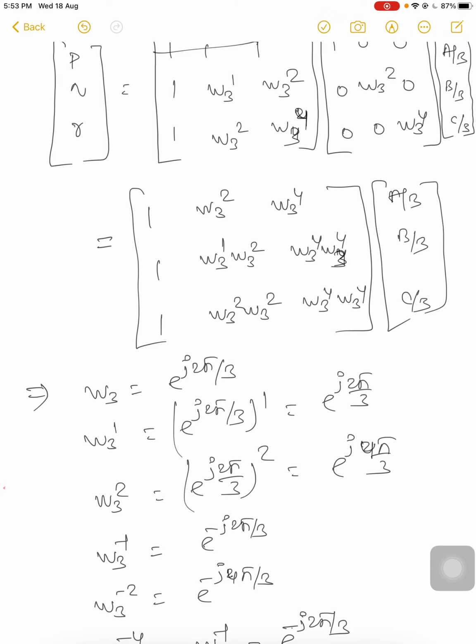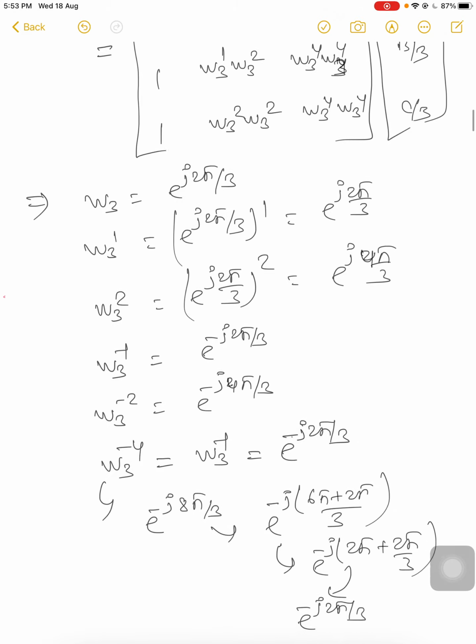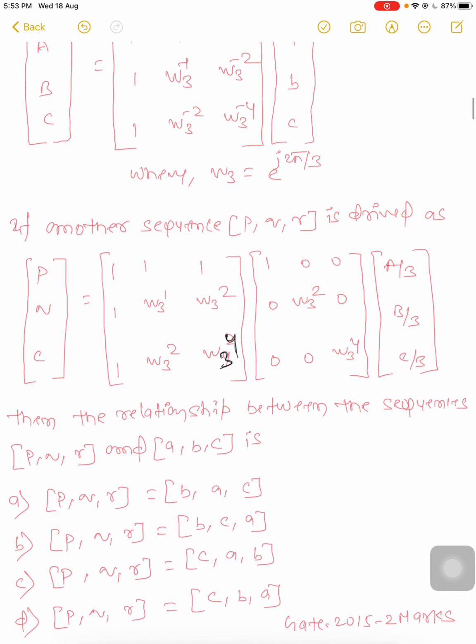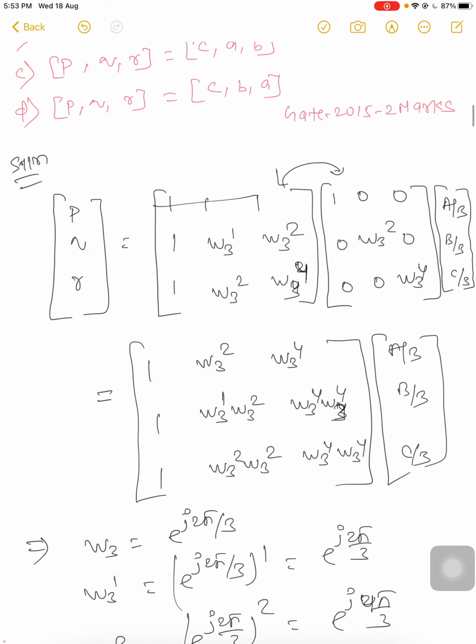After simplification of this one, now simplify for capital ABC.